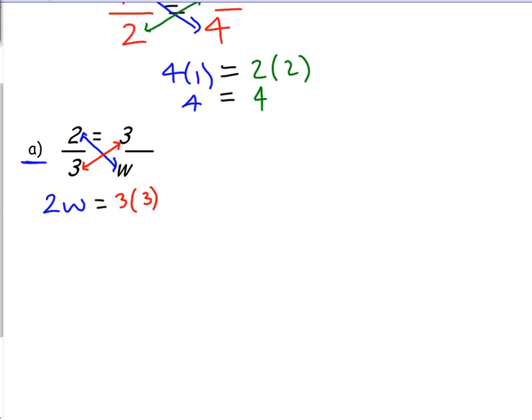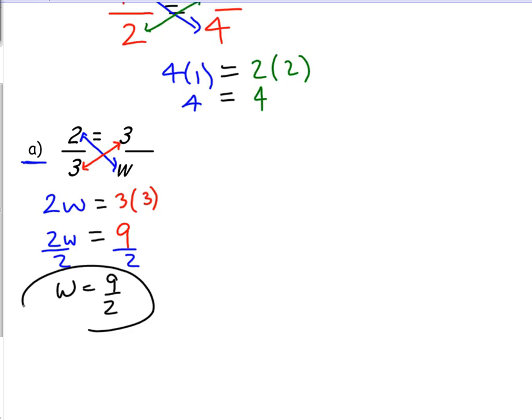So this means we have 2W is equal to 9. Now we just need to isolate W to solve for it. Dividing both sides by 2, we are left with W is equal to 9 over 2. And that would be our solution.